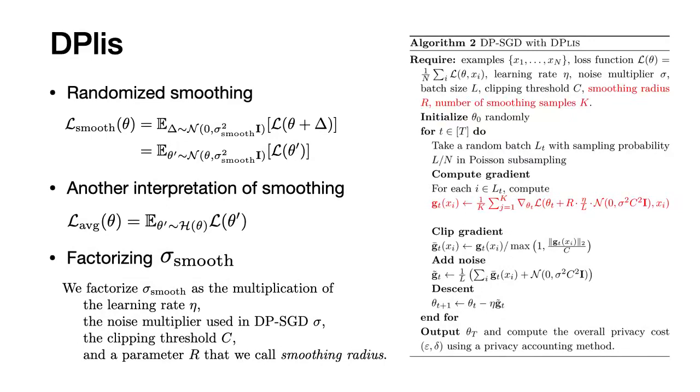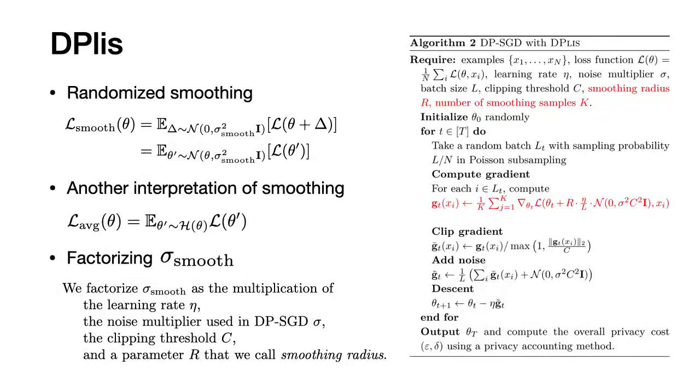Here we introduce an alternative view of the smoothing. Recall that the output of DPSGD is intrinsically random because of the injected noise, but the original loss captures only the performance of a single point, ignoring the randomness.